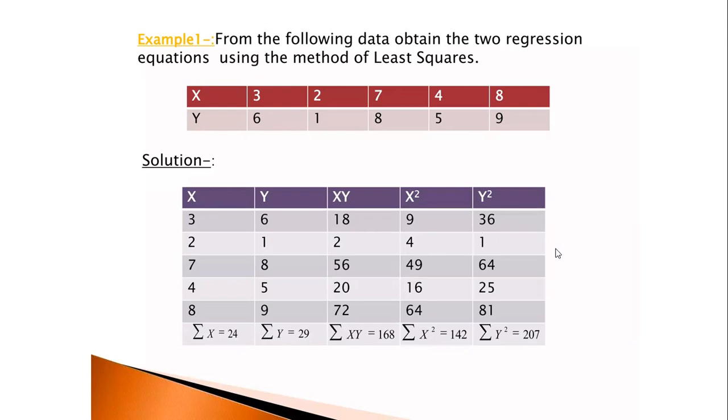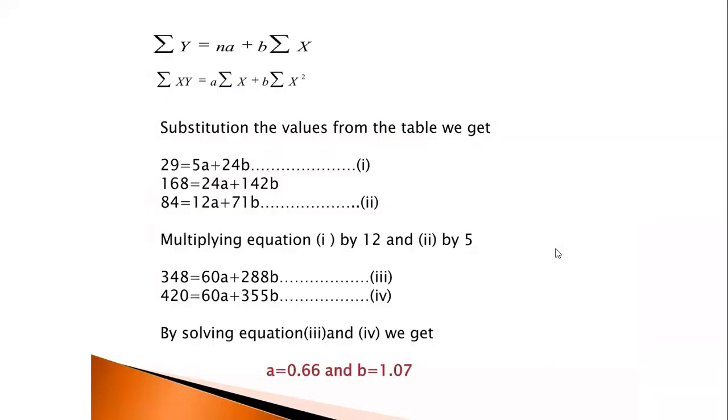Once you find out the sigma values, you have to substitute in these formulas. Let us take the first equation, sigma y is equal to na plus b sigma x, sigma xy is equal to a sigma x plus b sigma x square. Substitute these values, and you will be getting two linear equations. So how to solve a linear equation? You have to make any one variable equal.